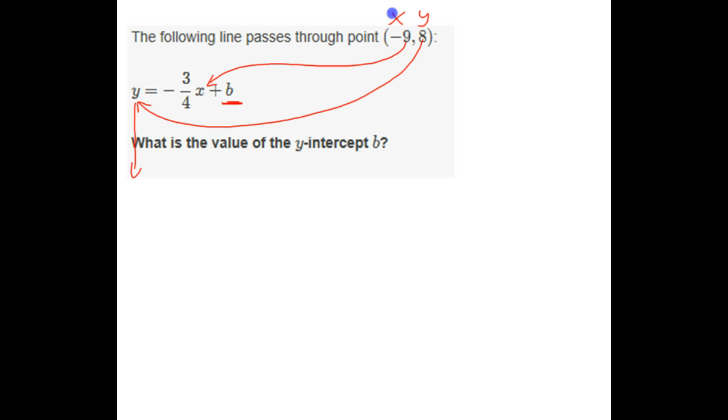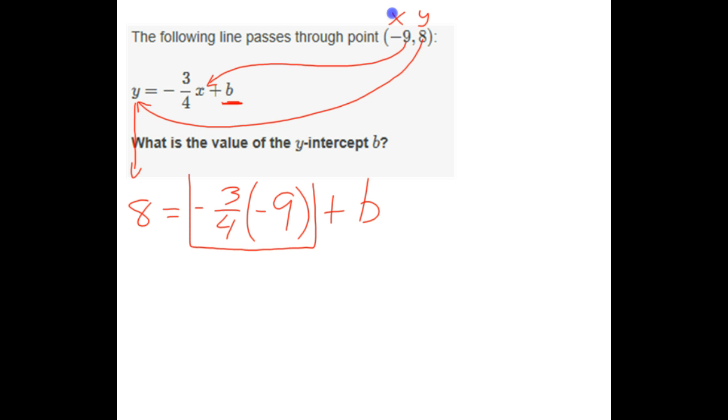Y is 8, if you look over there, so 8 equals negative 3/4 times my x value. My x value is negative 9, plus b. I need to multiply this out.